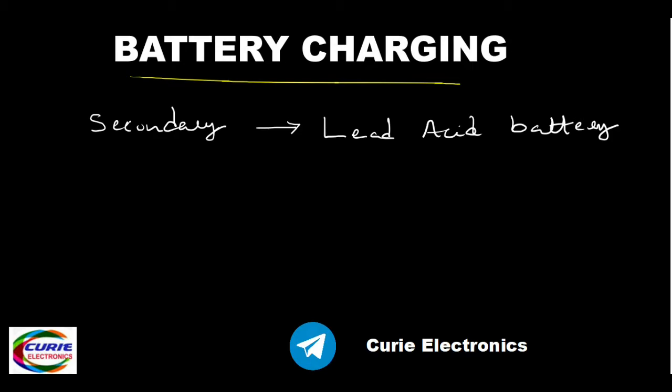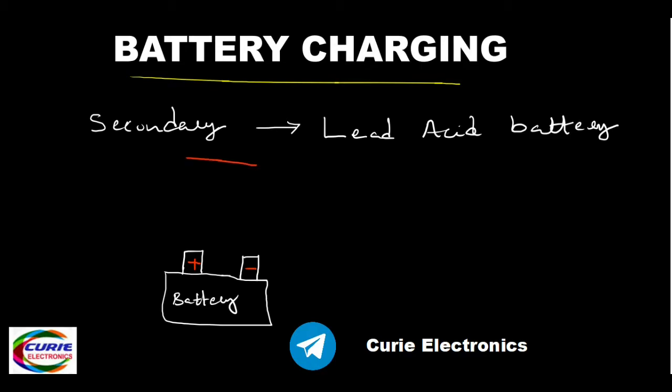Now how do you charge a battery? Let's see, we have a battery, and it has a positive terminal and a negative terminal. Now, to charge a battery, what do we need? We need a charger.